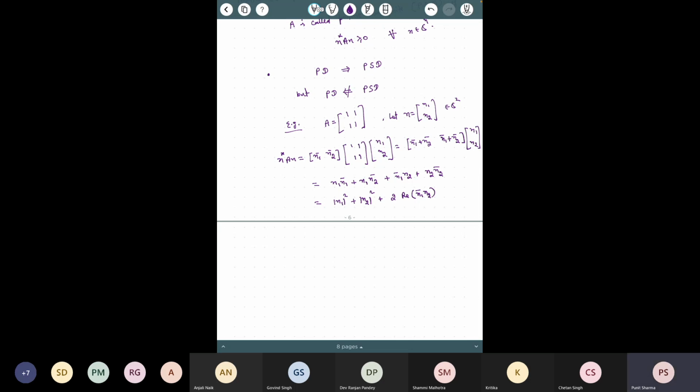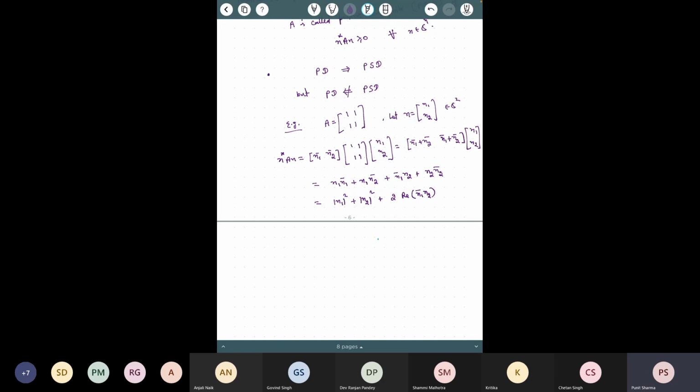Now how can we show that this thing is greater than or equal to 0? Any idea? I want to show that this matrix is semi-definite. For this, I need to show that x star Ax is greater than or equal to 0. If I somehow show that the quantity on the right hand side is always non-negative, then I'm done and can say that A is semi-definite.